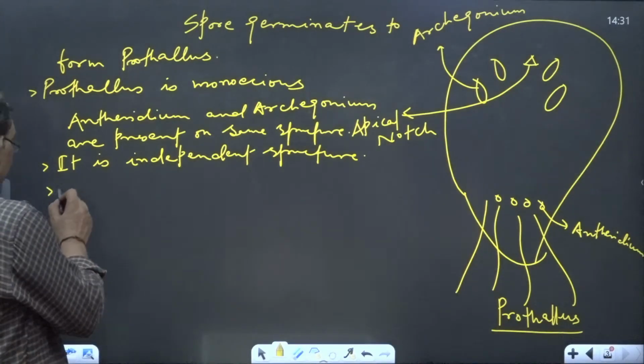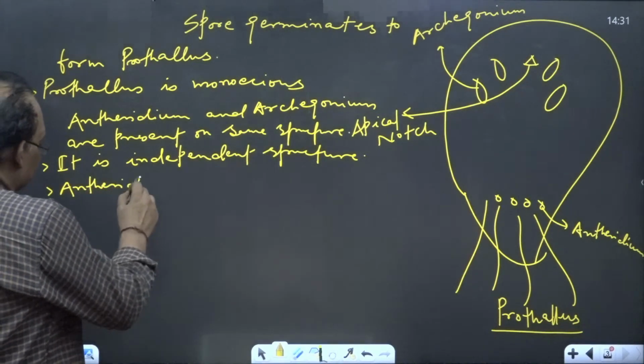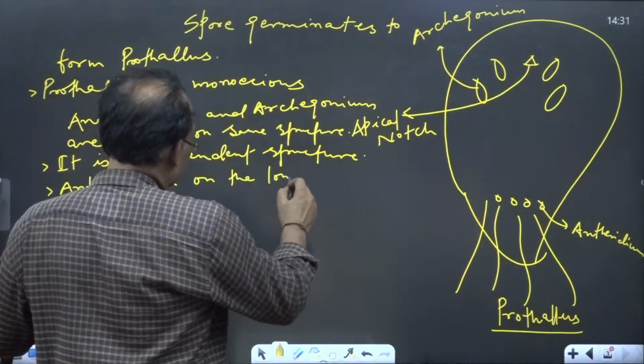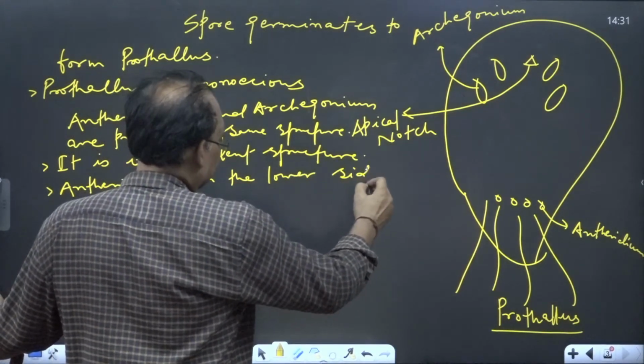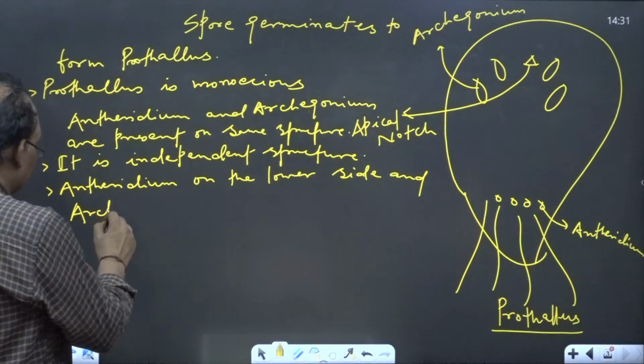It is an independent structure. Antheridium is on the lower side, and archegonium on the upper side.